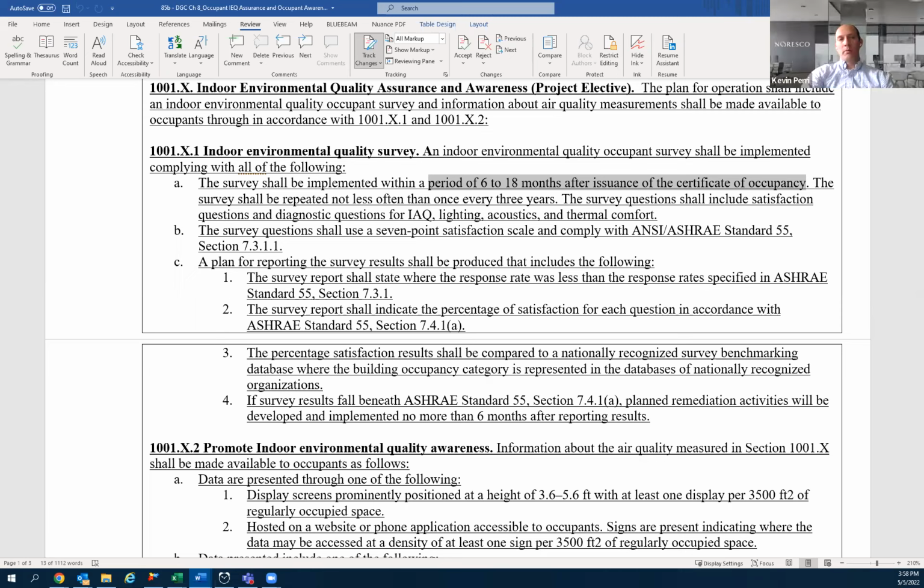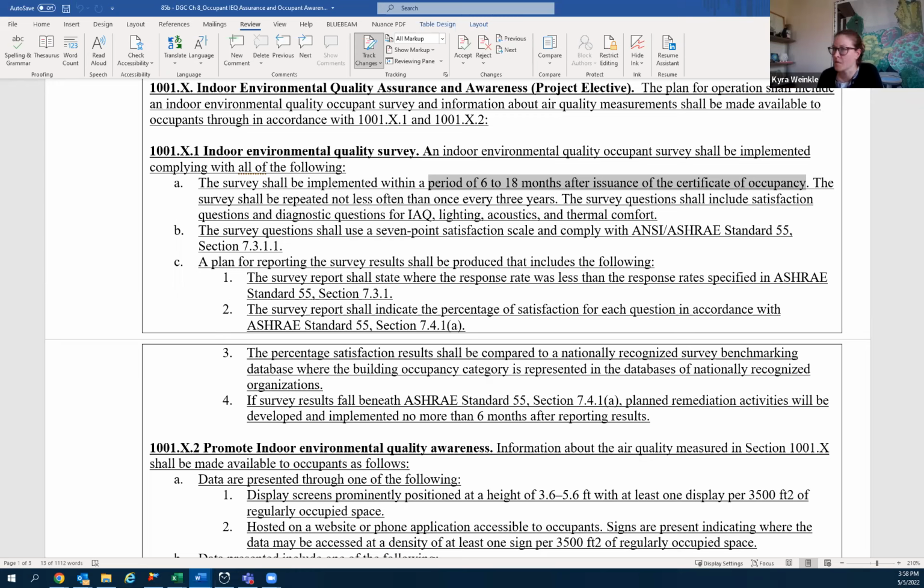Sure. So Kara, as the proponent, would you be willing and open to potentially modifying that from a time period to maybe a percentage? Yeah, definitely. Would we want to say a time period after a percentage of occupancy is achieved? That's, as Eric was saying, what I was kind of envisioning.